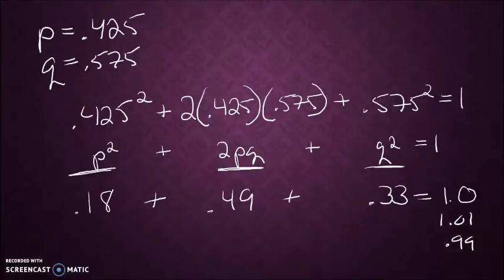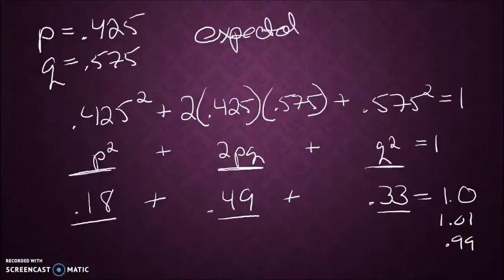That's okay. Now, the big thing to remember here is that what you have just determined are your expected genotype frequencies. Okay, your expected frequency. And this one here, that's for homozygous dominant. This is for hetero.